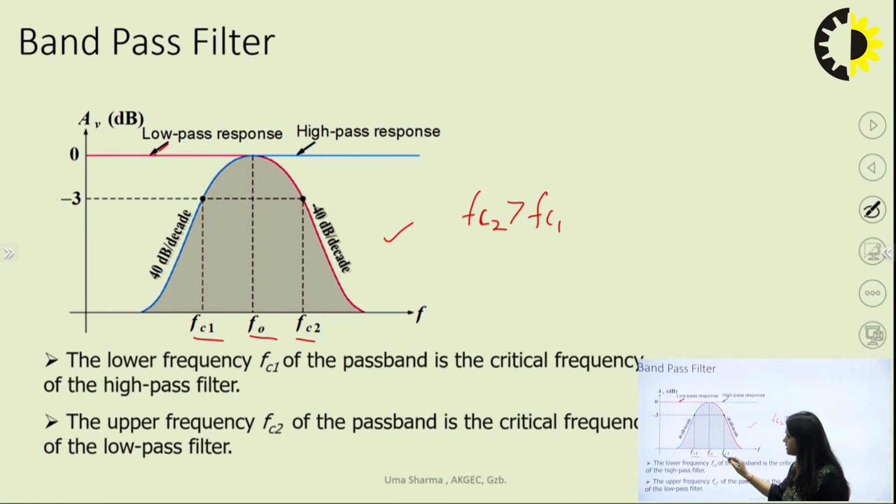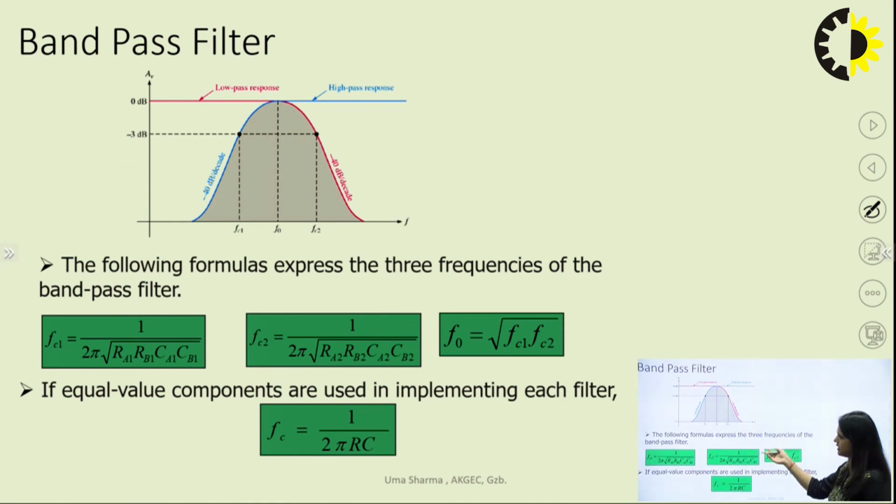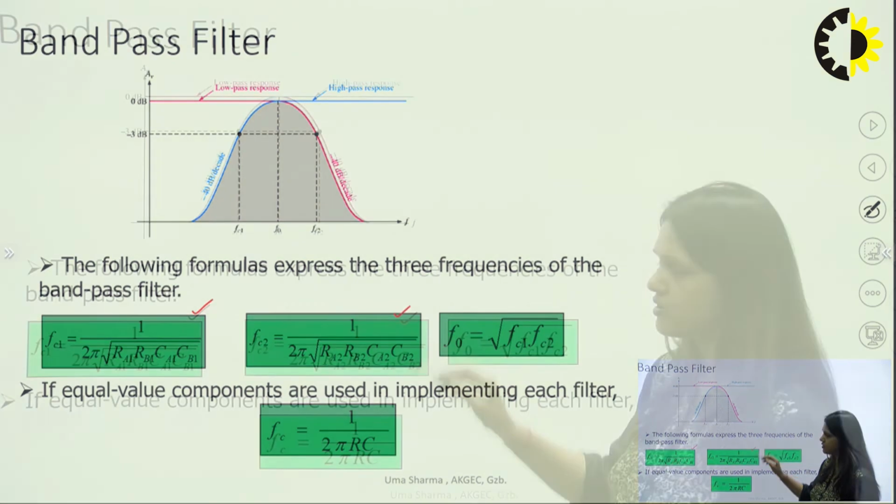You can calculate the center frequency F0, which equals the square root of FC1 into FC2. Here in this slide you can see all the formulas. FC1 is the cutoff frequency of the high pass filter, so it can be given by 1 upon 2 pi root of RA RB CA CB, and FC2 is for the low pass.